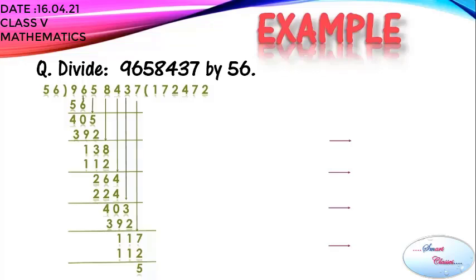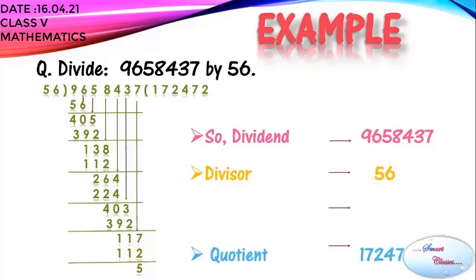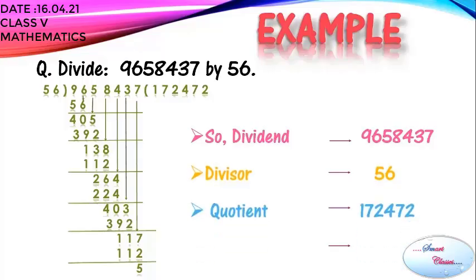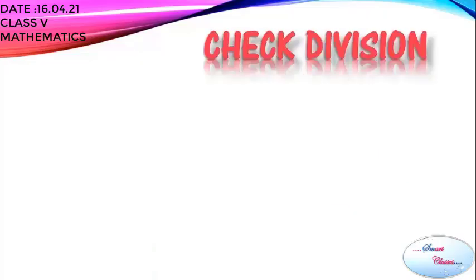After dividing it, we got the quotient as 1,72,472 and the divisor was 56. We got the remainder as 5. So the dividend is 96,58,437, the divisor is 56, the quotient which we got is 1,72,472 and the remainder which we have got in the last is 5.